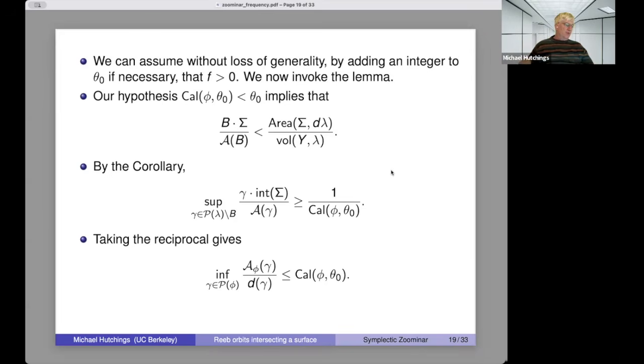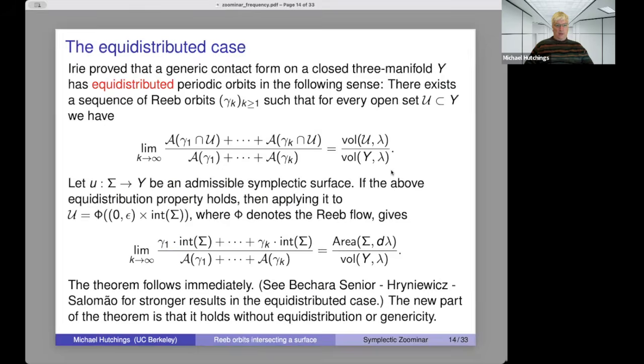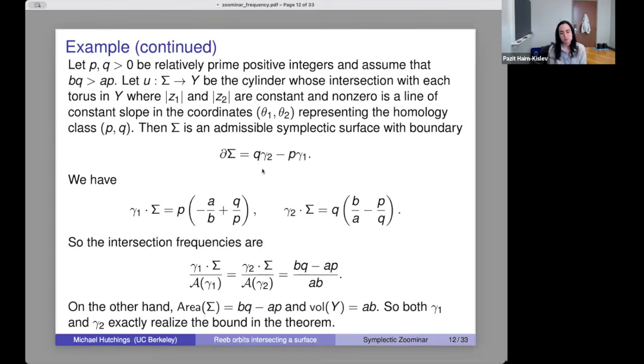So in this case, the surface is embedded, but in general, the boundary of the surface could multiply cover some Reeb orbits. The example I made for the ellipsoid had that property. So here the boundary multiply covers gamma 2 with multiplicity q, gamma 1 with multiplicity p. Of course, this example is otherwise uninteresting because the theorem only sees the boundary orbit. But if you perturb it a little bit, then the theorem will see orbits intersecting the interior.